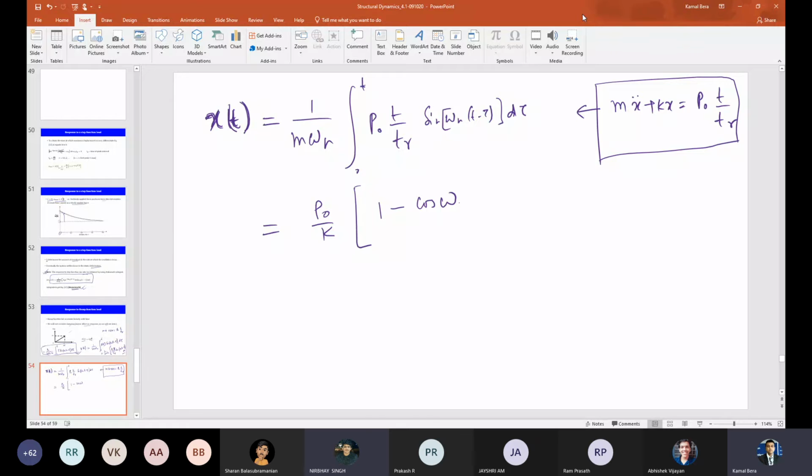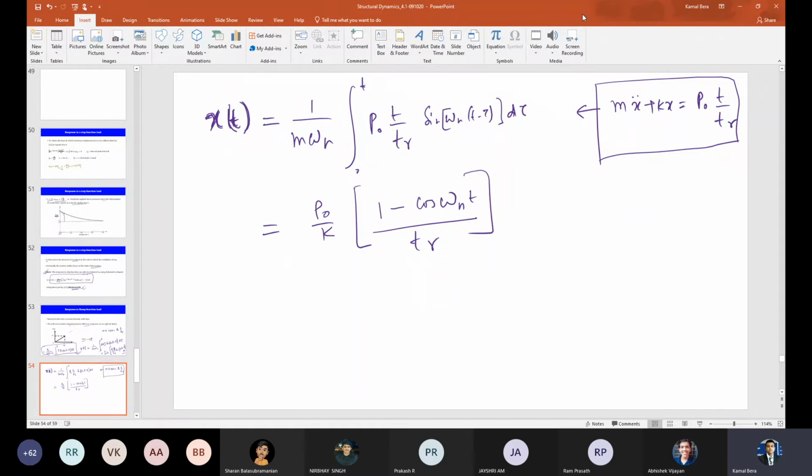Omega n, yes. Obviously, I am not doing the integration here. Please do it. Divided by TR, whole divided by T. This one, right? Yes.